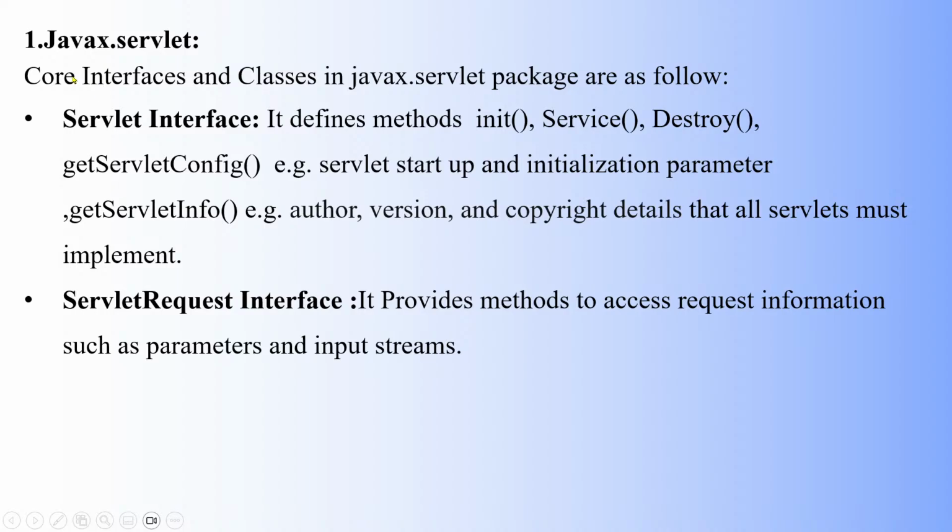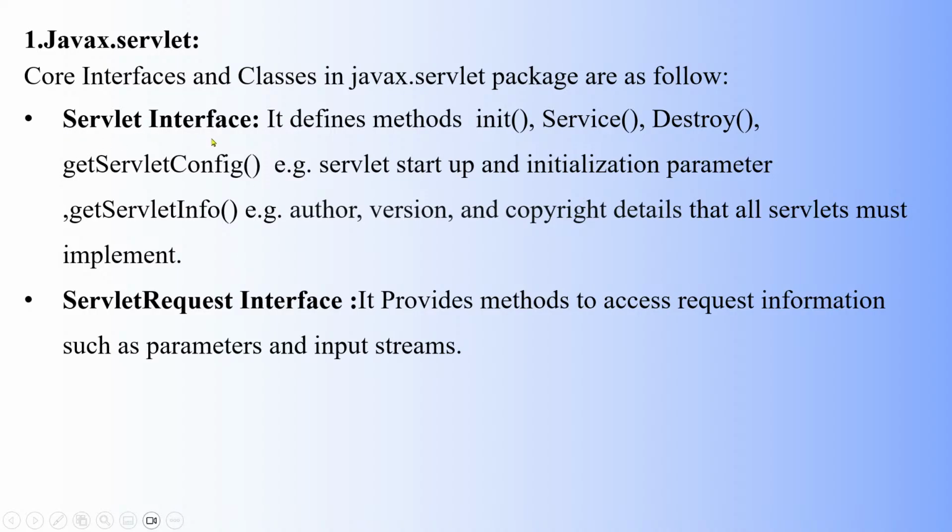Now in detail, we'll see the javax.servlet. So this is the package. In our program, we have to add this package so that the methods or interfaces which are by default implemented in this servlet package get added to your program.